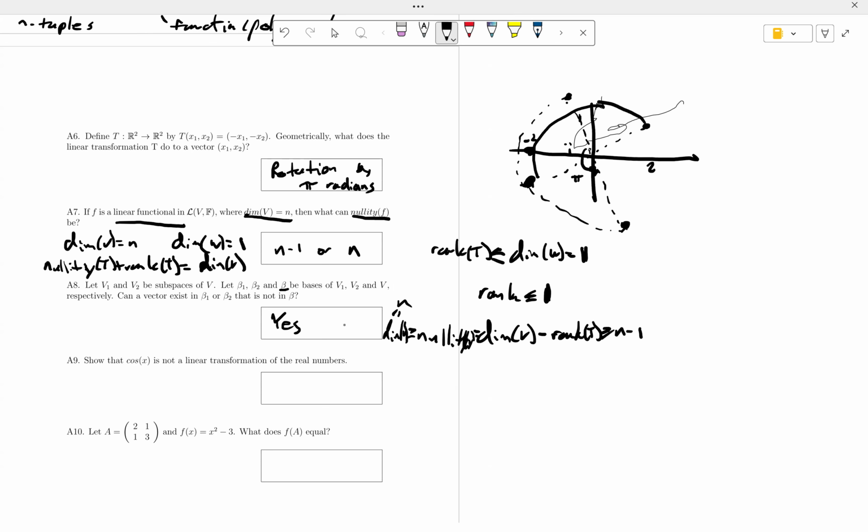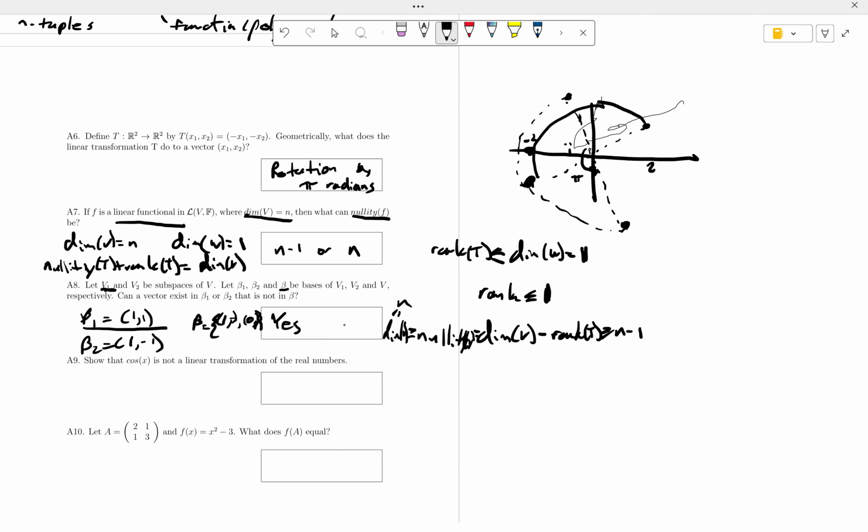So if we let beta 1 equal (1, 1), beta 2 be (1, -1), and beta be the standard basis, (1, 0), (0, 1). The span of (1, 1) being V1 satisfies that it's a subspace.